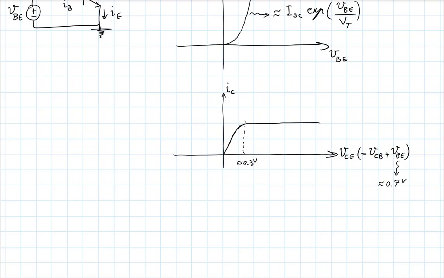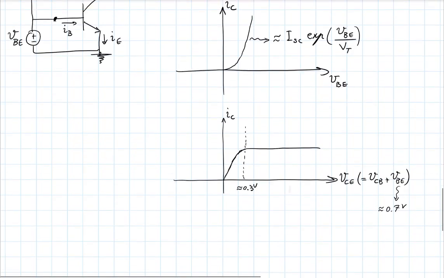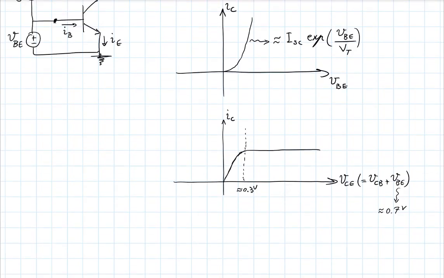And it will not have that nice behavior anymore. This is where you want to operate things. This is called the active mode. This is called the saturation region.